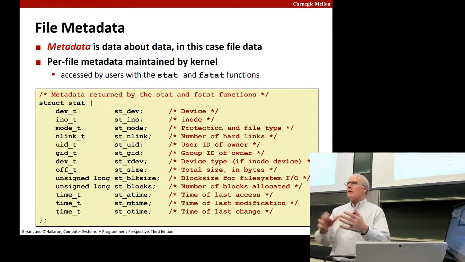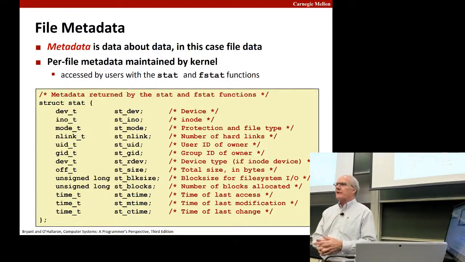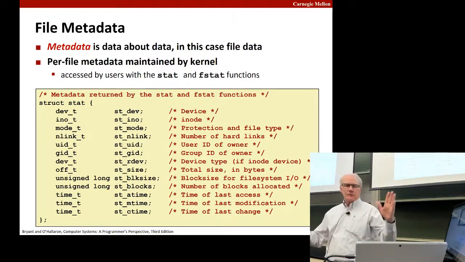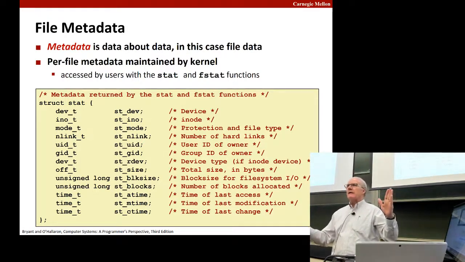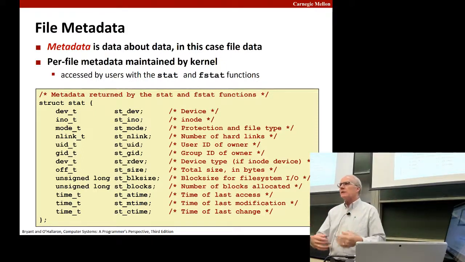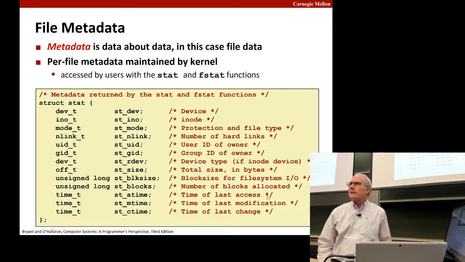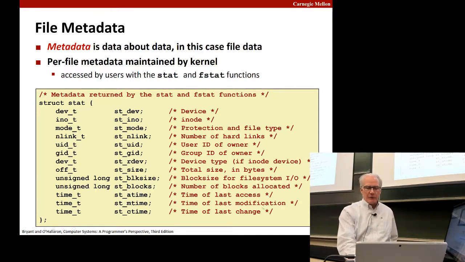And there are functions that you can call in the library called stat and fstat. You pass it a pointer to a struct of some particular kind, and it will fill in the contents of that struct with all these little useful tidbits, including not just a time associated with the file, but when it was last modified, when it was last accessed, and various other pieces like that.